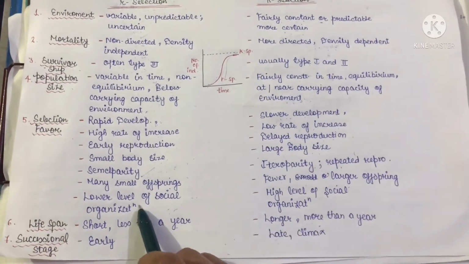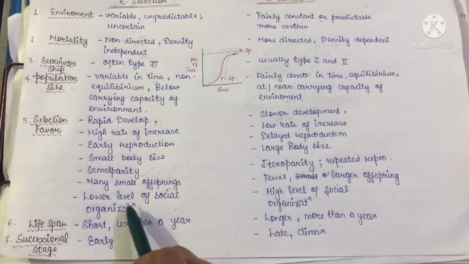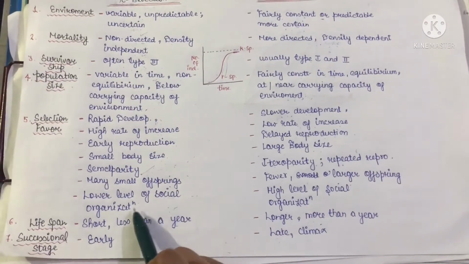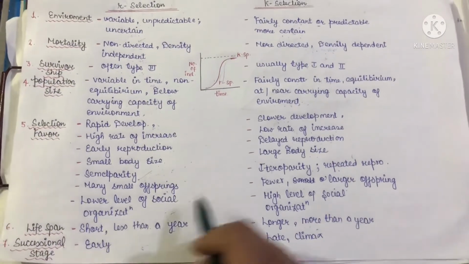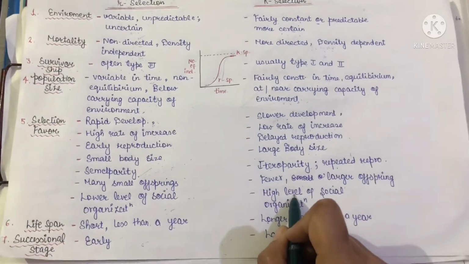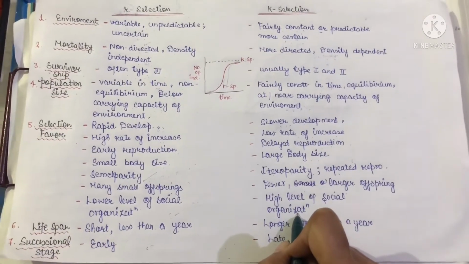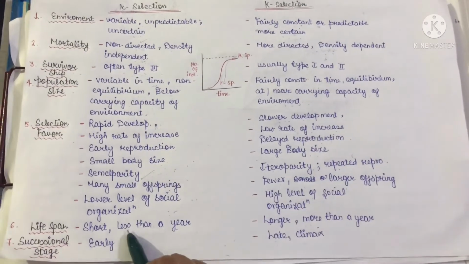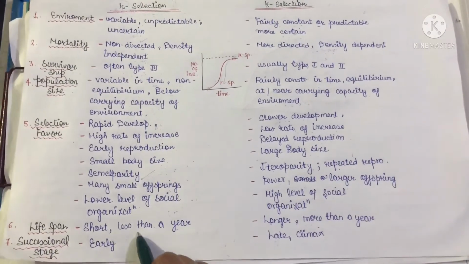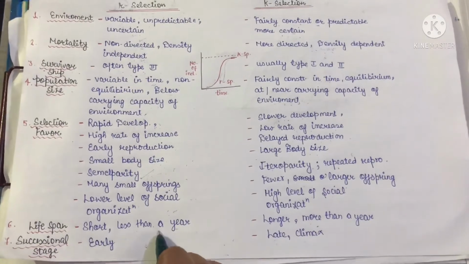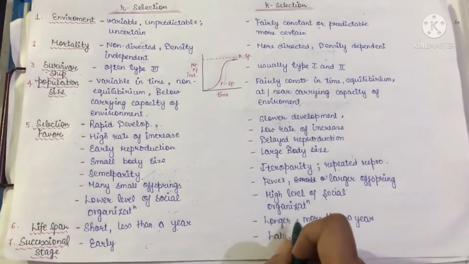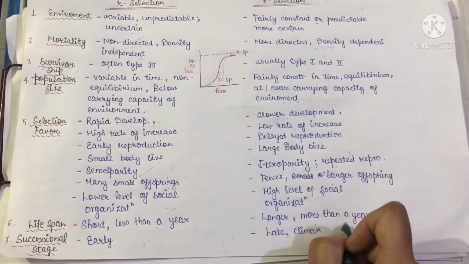R selected species, due to their short lifespan, attain a low level of social organization, whereas K selected species attain a high level of social organization. Right, so the lifespan of the R selected species is short, less than a year, and K selected species is long, more than a year.